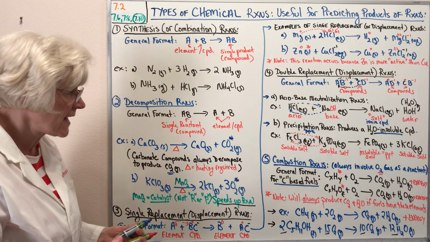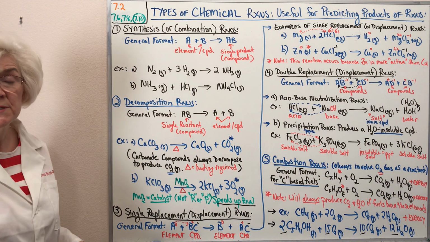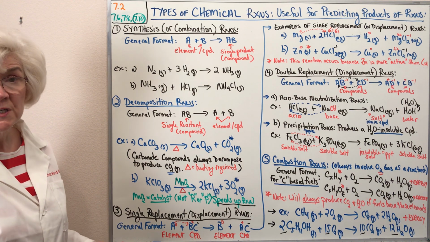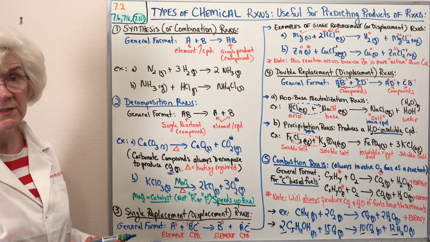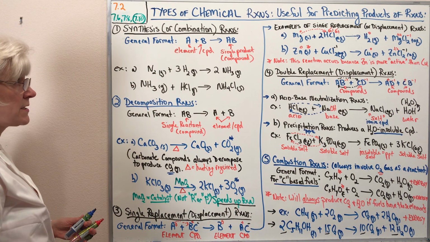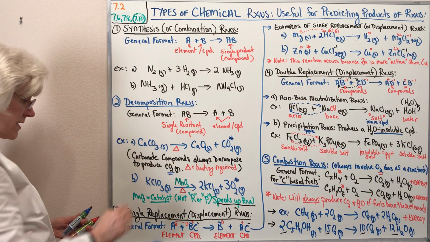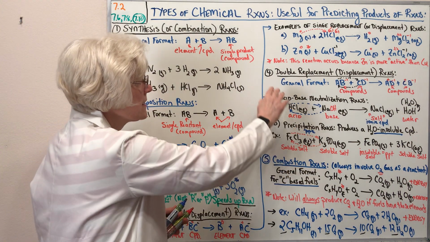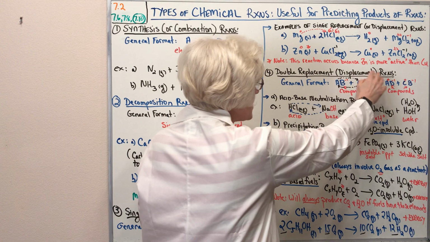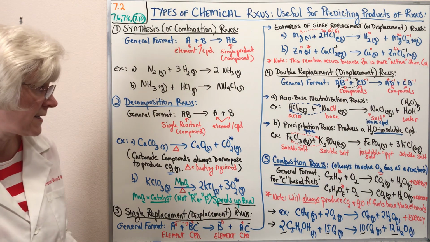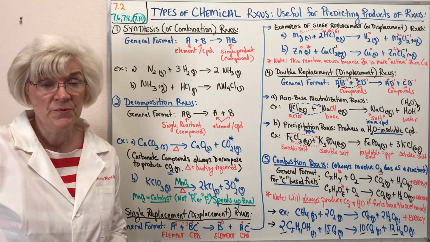So summarizing again, these are the 5 types of chemical reactions that you need to know and use this information to predict products of reactions: synthesis or combination, decomposition, single replacement or displacement, double replacement or displacement, and then lastly, 5th and last, combustion reactions.